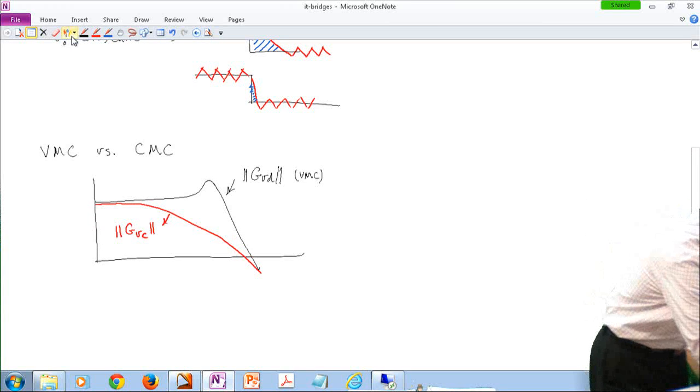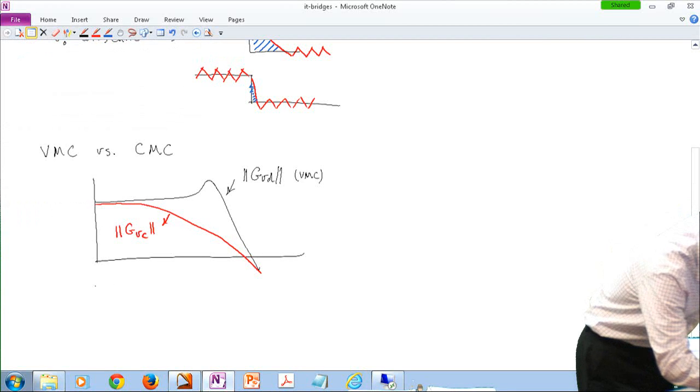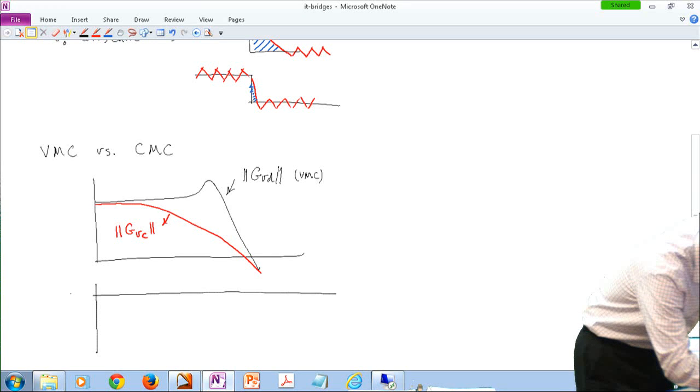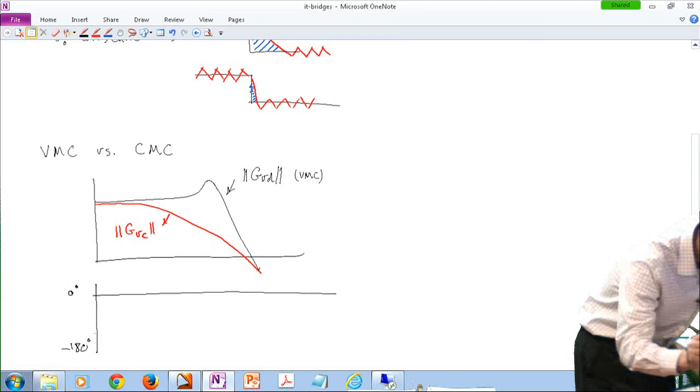Also, if you look at their phase values, let's say this is 0 degrees and this is negative 180 degrees.